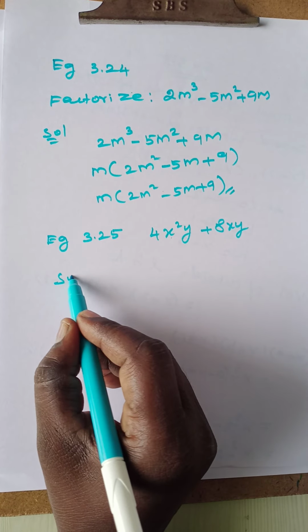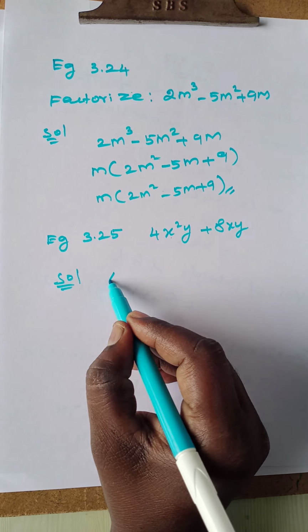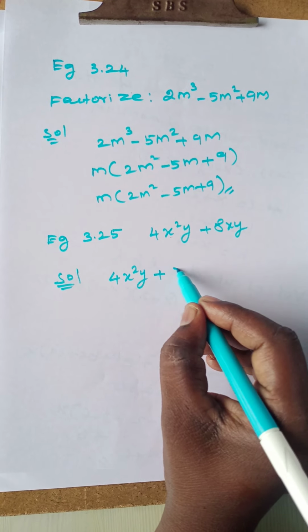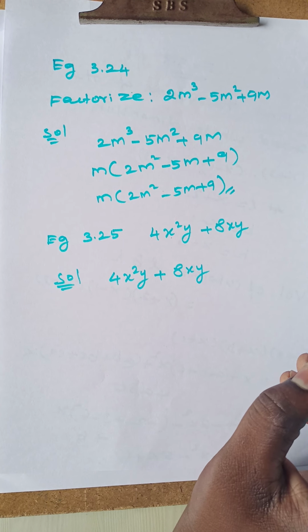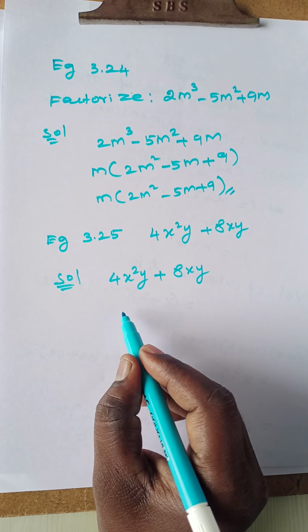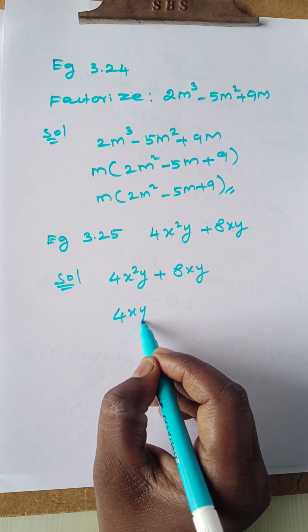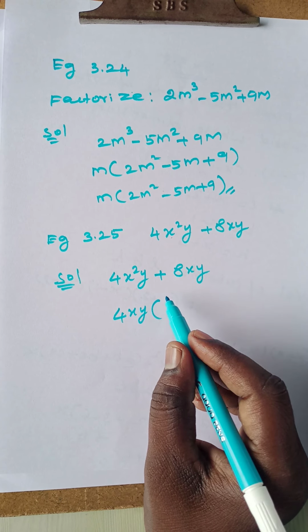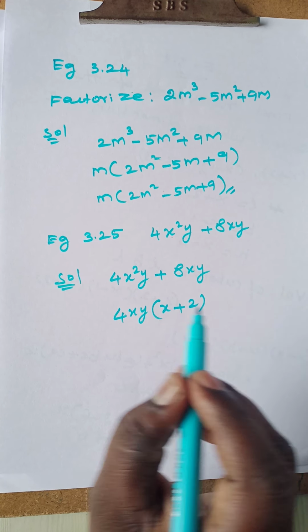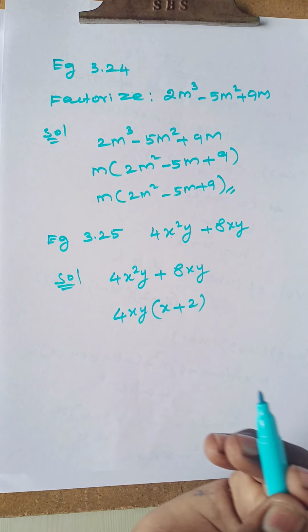The solution: 4x square y plus 8xy. Understand? What is the common value? 4xy. Yes, taking out 4xy, the remaining is x plus 2. So 4xy times x plus 2, that's all.